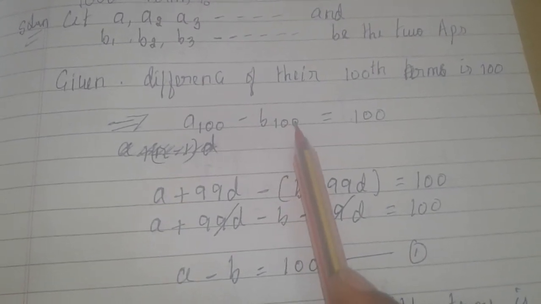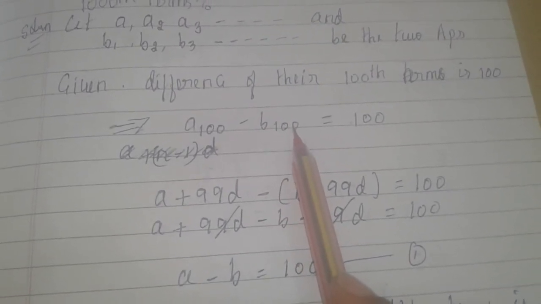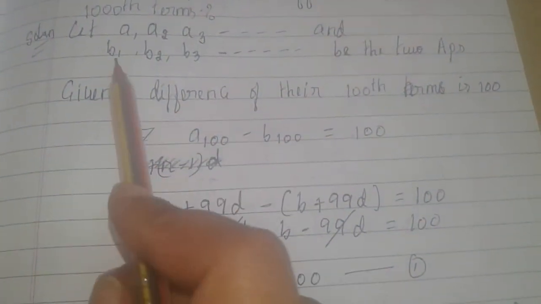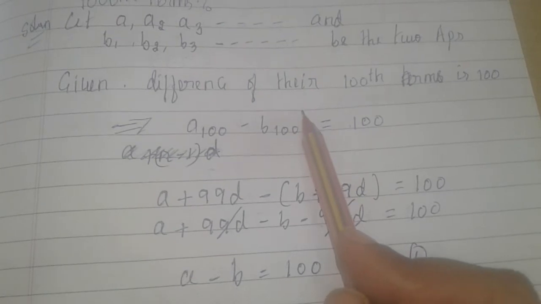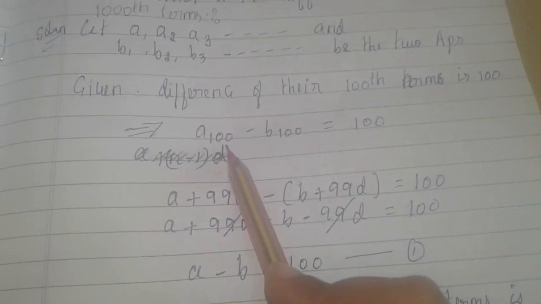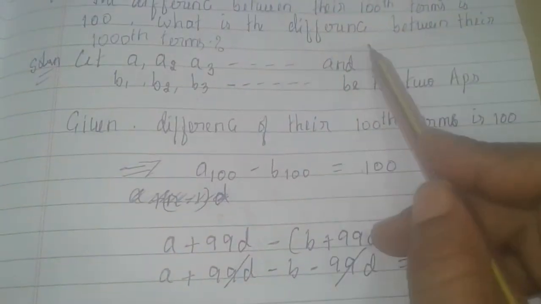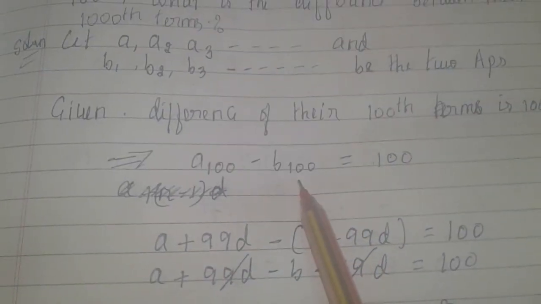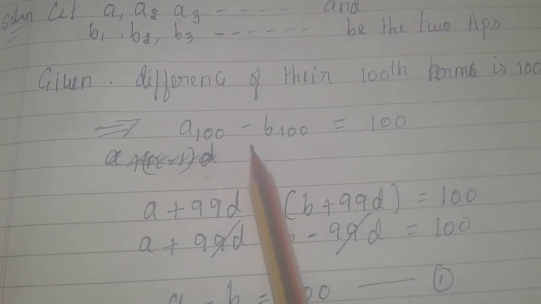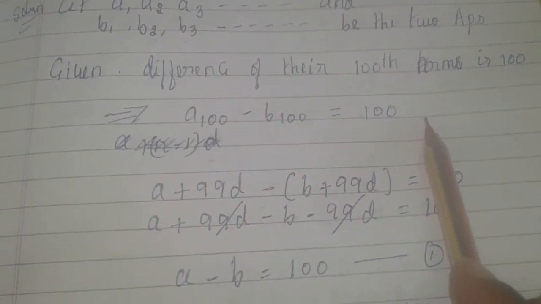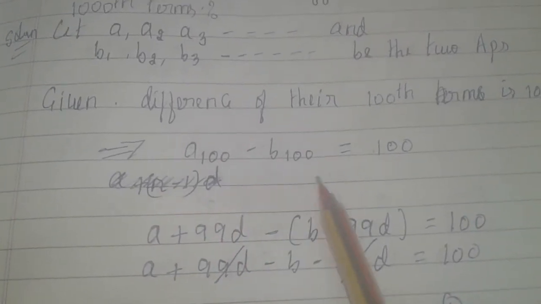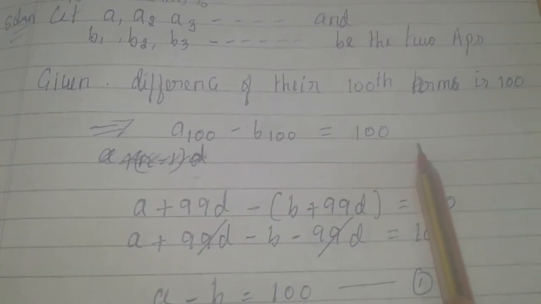Every time we use An, A1, A2 to denote terms, but because my second AP uses B, you can use the letter B instead of A. So A100 is the 100th term of the first AP and B100 is the 100th term of the second AP. According to the question, the difference is 100, so the equation is A100 minus B100 equals 100.